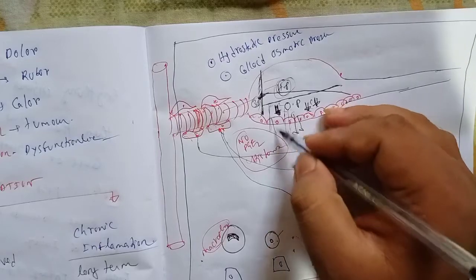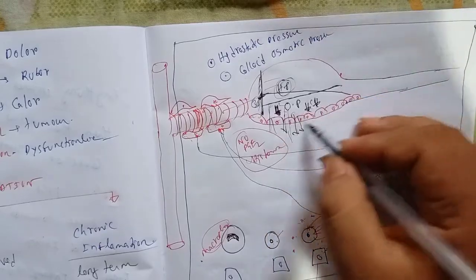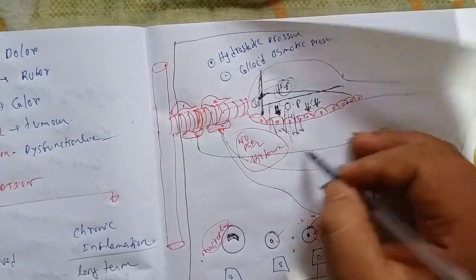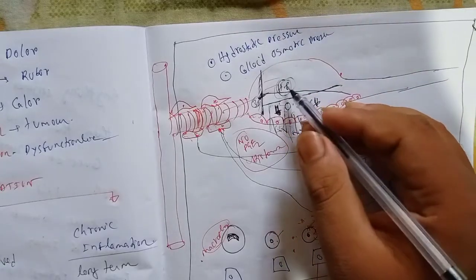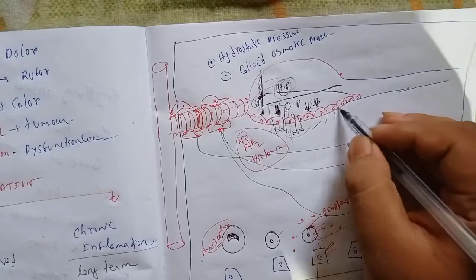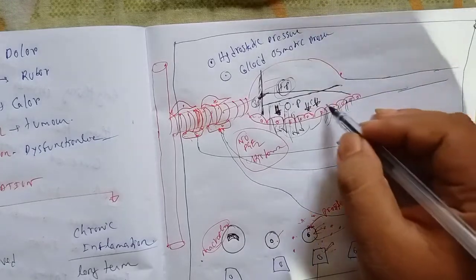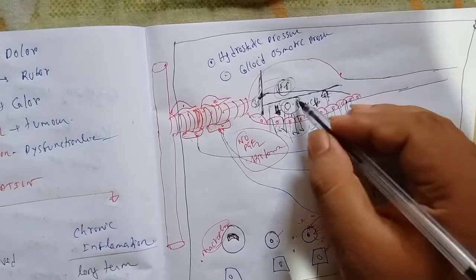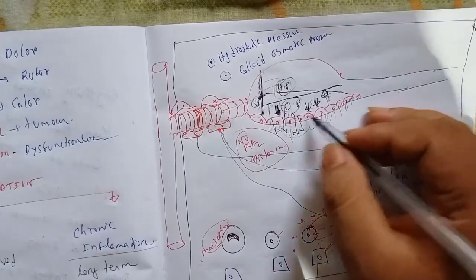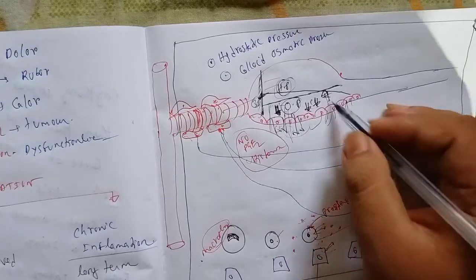Then the fluids are taken back into the blood vessel by the osmotic pressure. So what is the function of the osmotic pressure? To take all the fluids within them again.